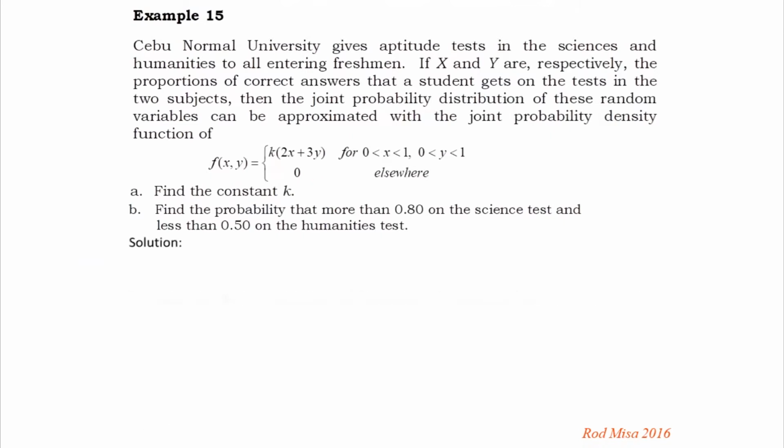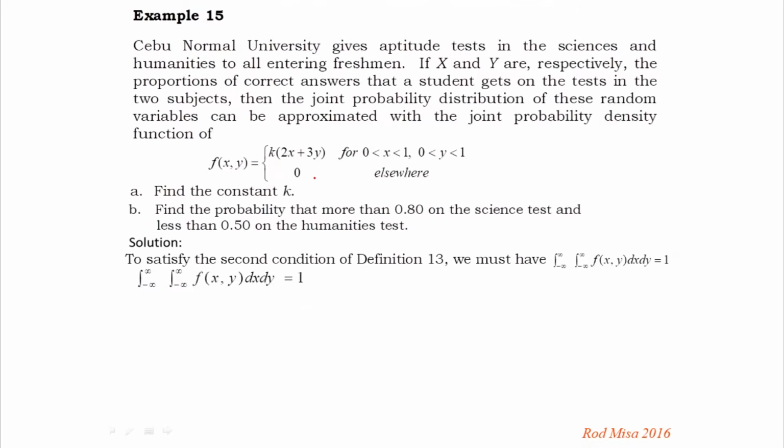So, solving for our constant k, we need to satisfy the second condition of our definition 13 in the previous slide, that the sum over all uncountably infinite pairs of the random variables x and y must be equal to 1. And this can be obtained by double integration here. So, the double integral of your joint probability density function of x and y is equal to 1.